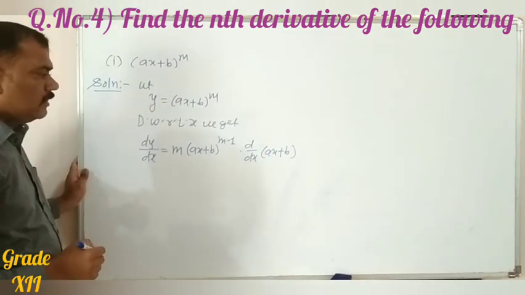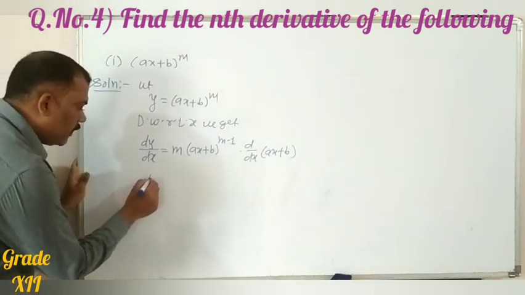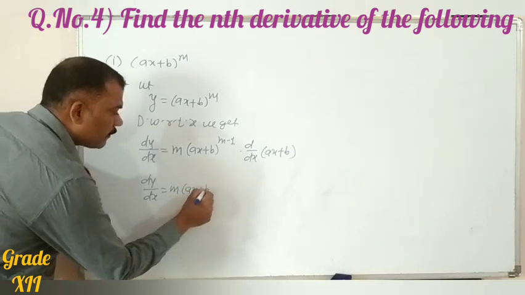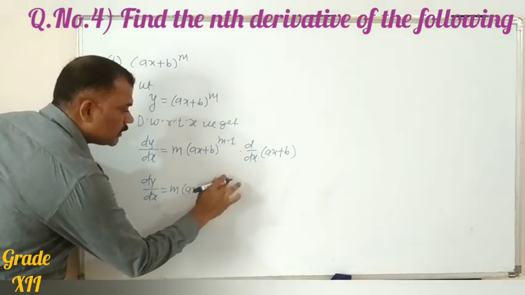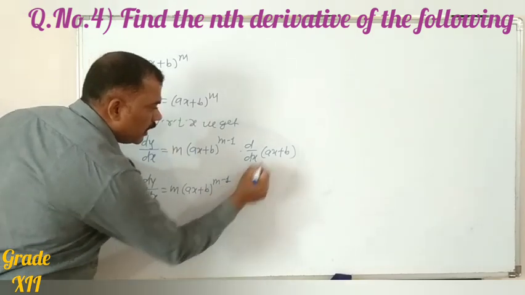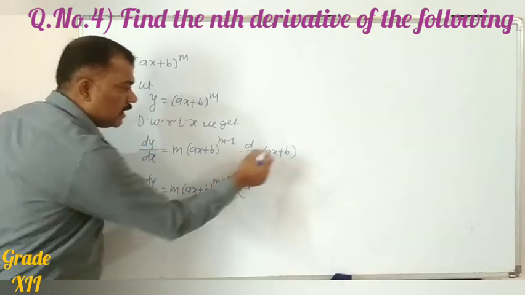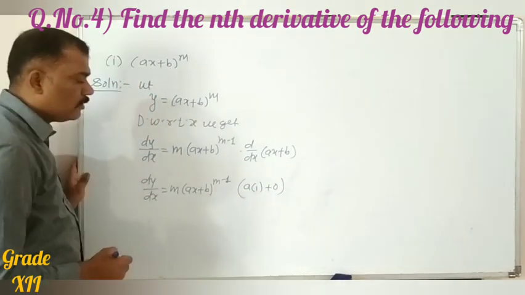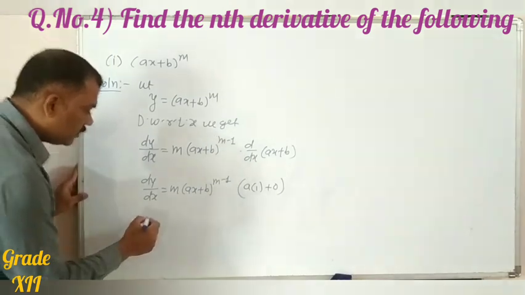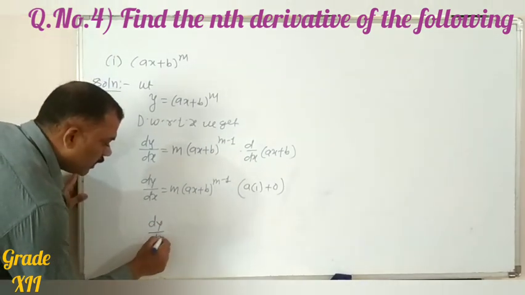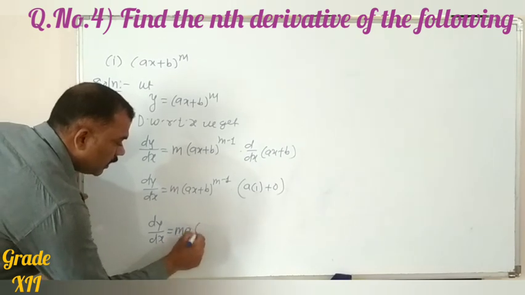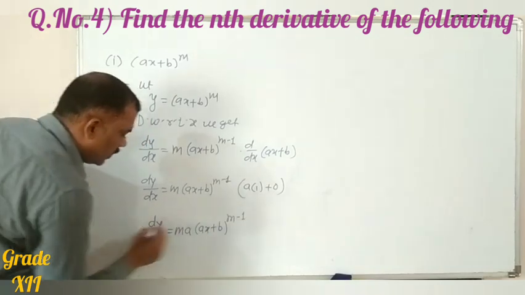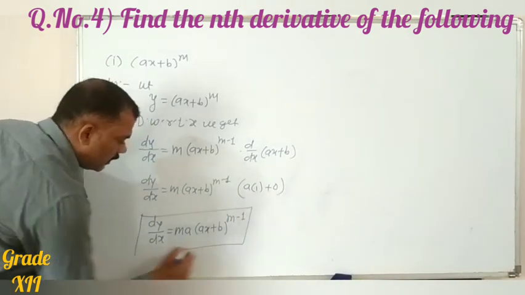So dy by dx is equal to m into (ax plus b) raised to m minus 1, into the derivative of ax plus b. Differentiation of ax with respect to x is a, since a is a constant, and b is a constant so its derivative is 0, so a plus 0 is nothing but a. So we get dy by dx is equal to m into a into (ax plus b) raised to m minus 1, which is the first order derivative.